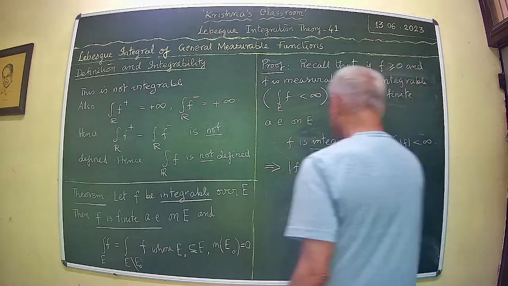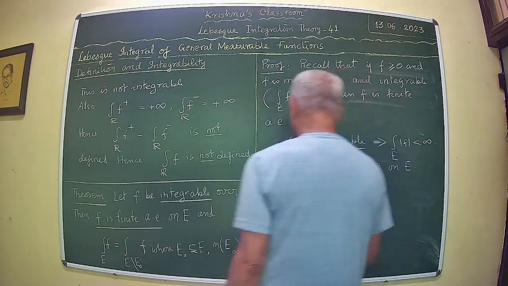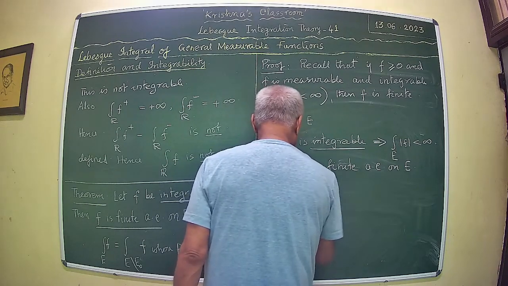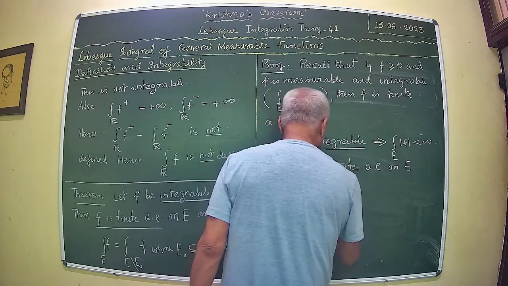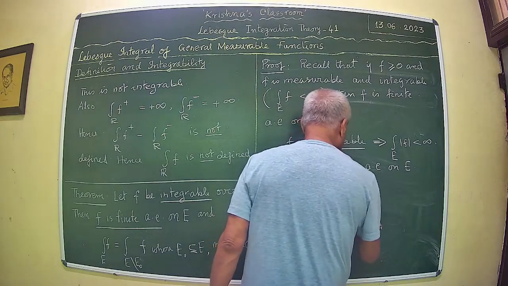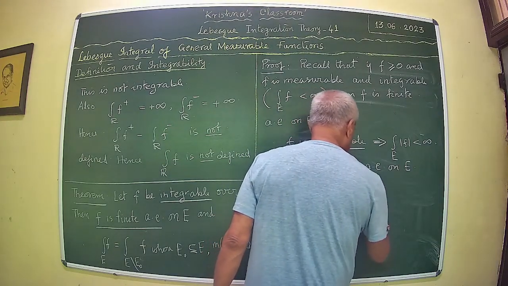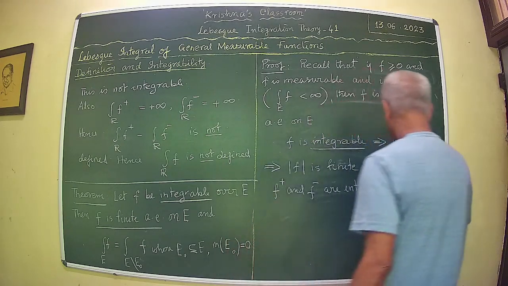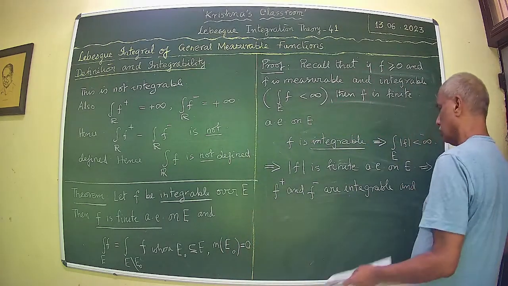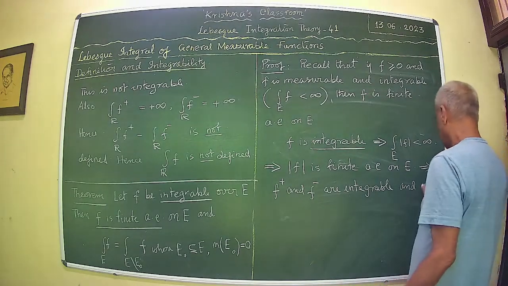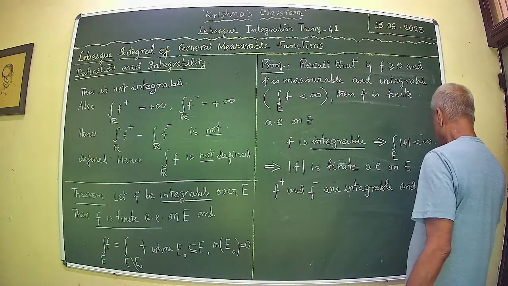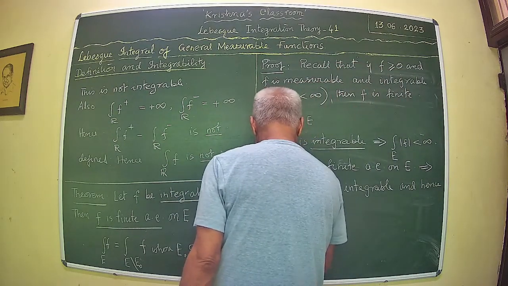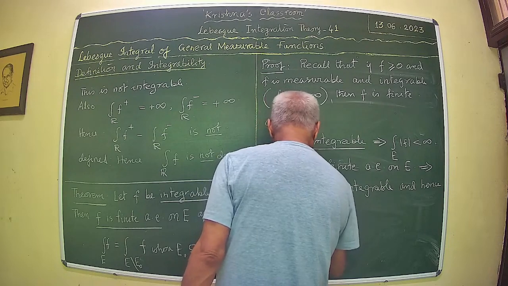It means the following: f plus and f minus are integrable, and hence finite almost everywhere.